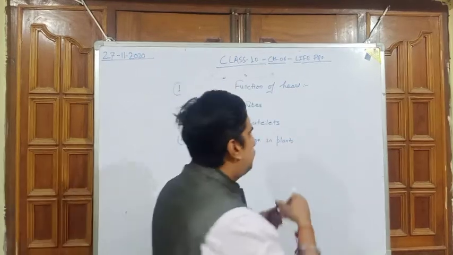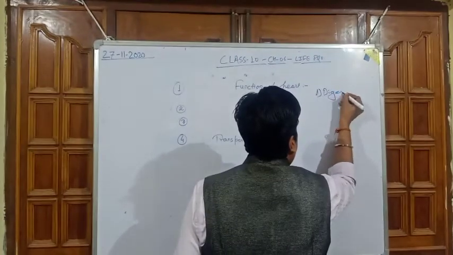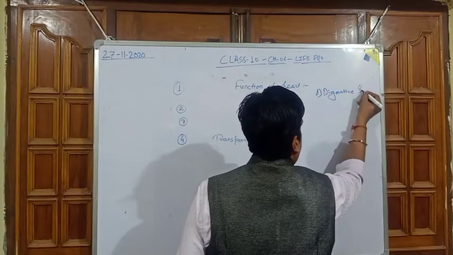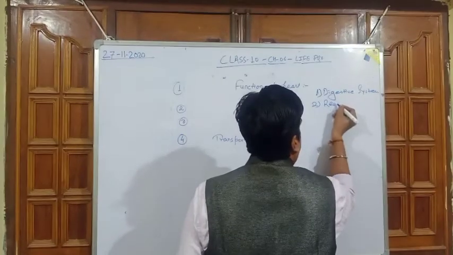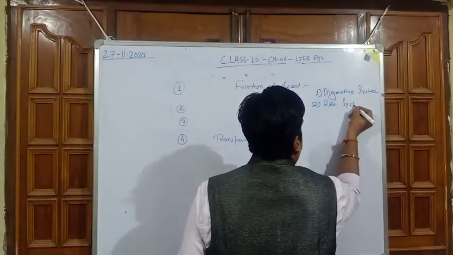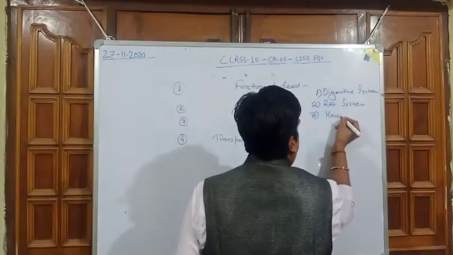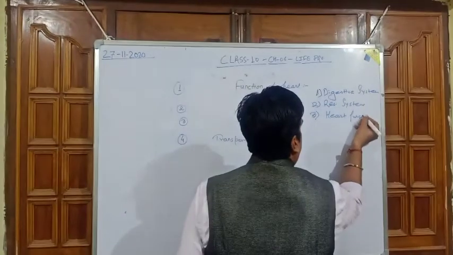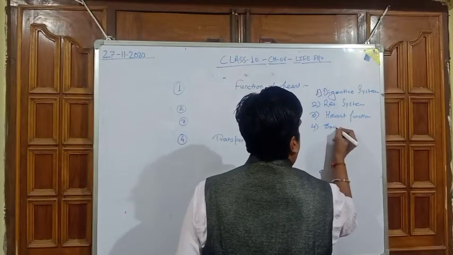First one, digestive system. Second one, respiratory system. Third one, heart function. Fourth one, excretion.